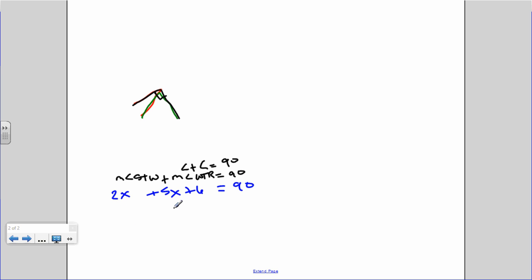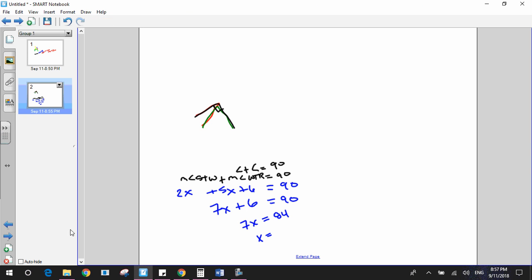Combine 2x with 5x, you're going to get 7x plus 6 equals 90. Subtract 6 on both sides, you would get 7x is equal to 84. And divide by 7 on both sides, you would get x is equivalent to... let me grab my handy dandy calculator because it's not coming to me off the top of my head.